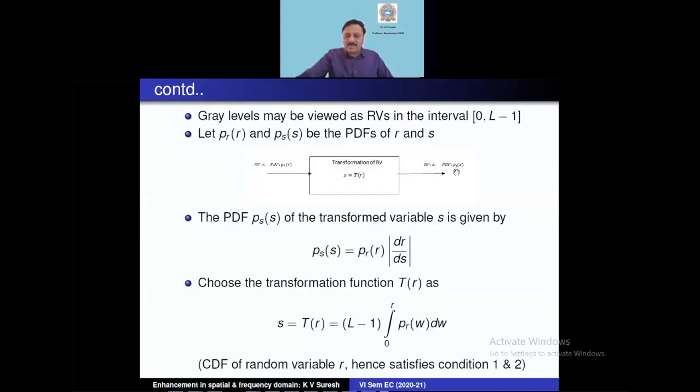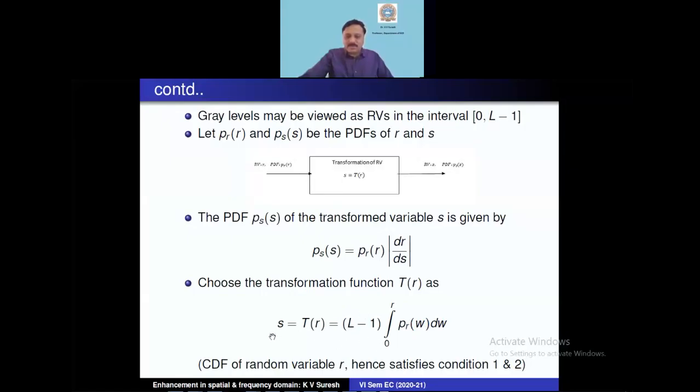I think we discussed this during the course on random processes. So I repeat, if I use the transformation function to be the CDF of the input random variable, my output will have a uniform distribution. This can be verified also. What is the meaning of this? S is equal to this.